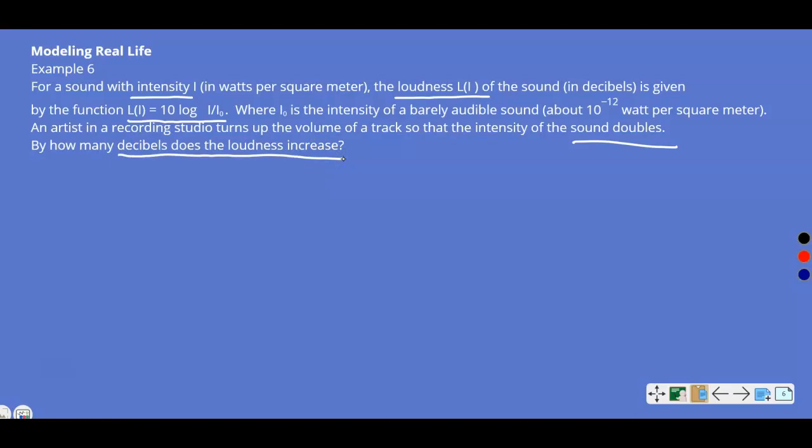Let's start by saying let I be the original intensity. So we know that 2I is what it is when it doubles. So if I equals intensity, we know that 2I is when it is doubled.